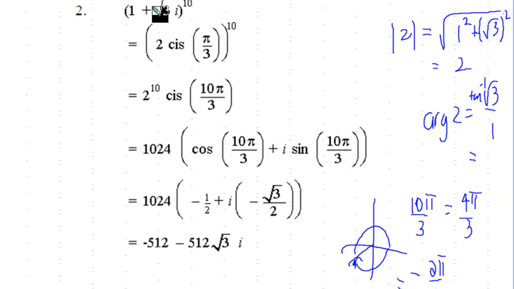That's doable to get down to that part, but it would take a lot of working by binomial theorem. Modulus argument form reduces something that would take you a couple of pages to a few lines. So if you're putting something to a power, especially a large power, make sure it can be put into modulus argument form.